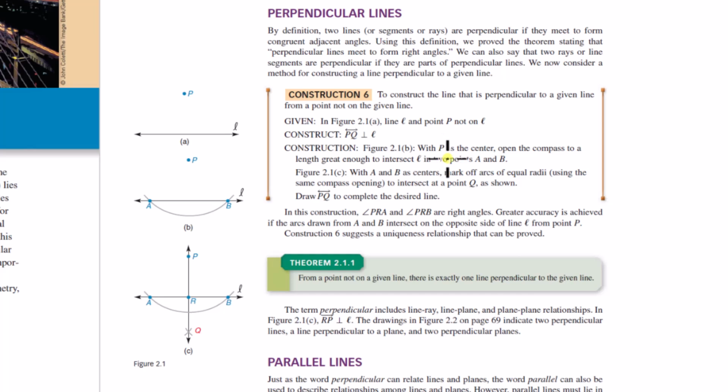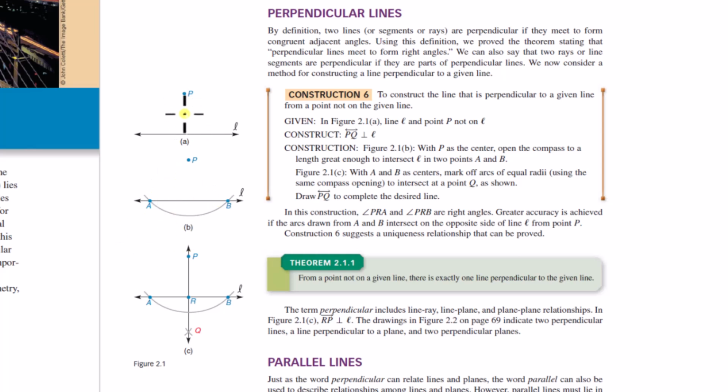With P as the center, open the compass to a length great enough to intersect L in 2 points A and B. So with the center at P, open the compass to where it can intersect A and B, or any 2 points on the line. But we're going to draw one arc.